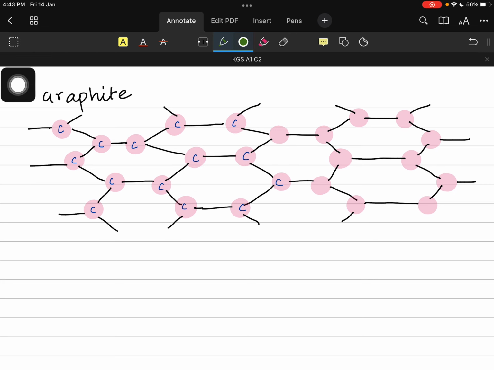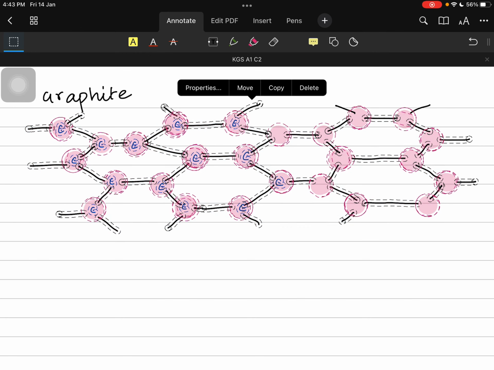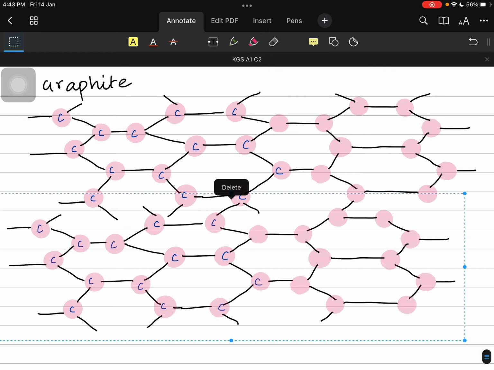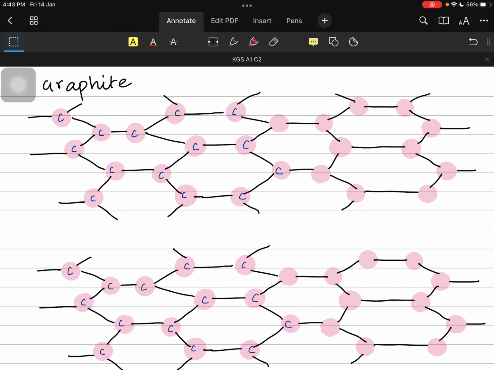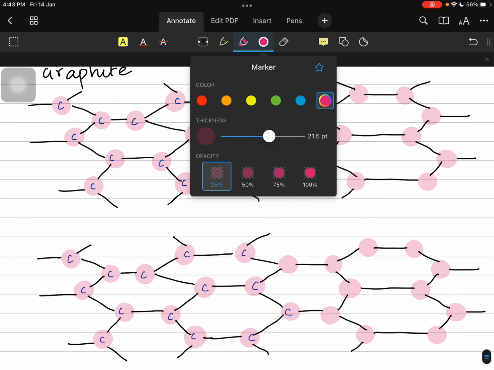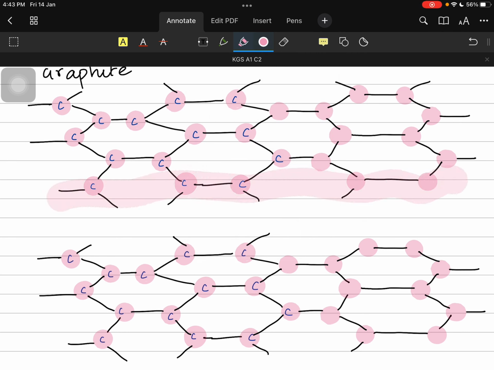One thing is really interesting over here: the graphite structure is not only one layer of the hexagon, it is a continuation of layers. So it actually has multiple layers of carbon atoms like this. This over here would be my first layer, which I am making with a light pink highlighter.